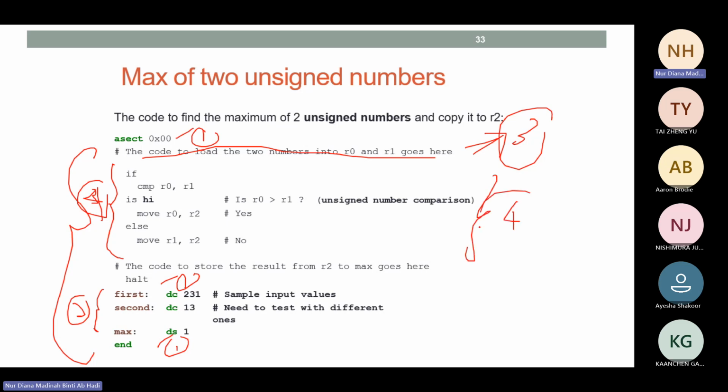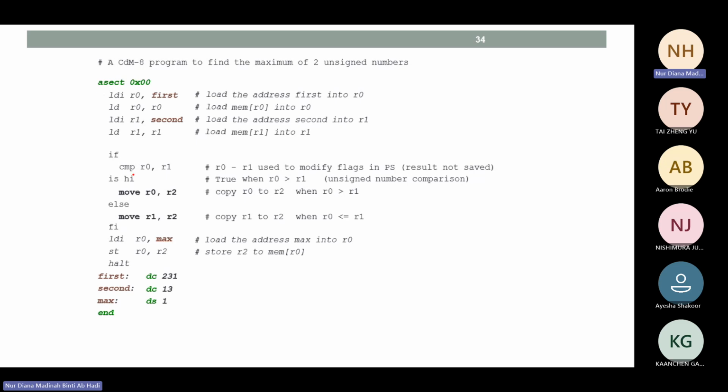So this would be the fourth step. As you can see, exec and halt you must have, so this will be the first step. The second step is declaring, and then you load the values, only then you perform your operation.